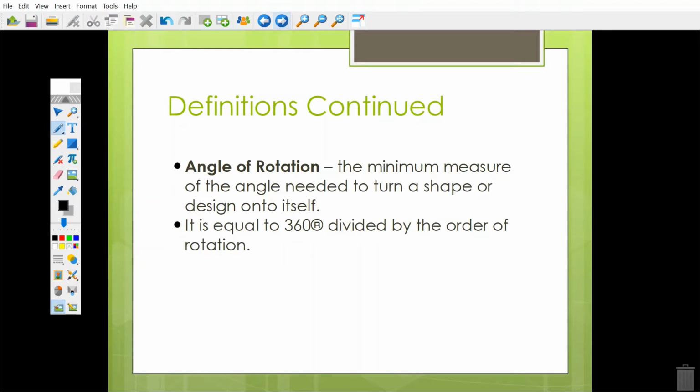Next up, once you've determined the order of rotation, you can find the angle of rotation. The angle of rotation is the minimum measure of the angle needed to turn a shape or design onto itself. To calculate it, you take 360 degrees divided by the order of rotation.